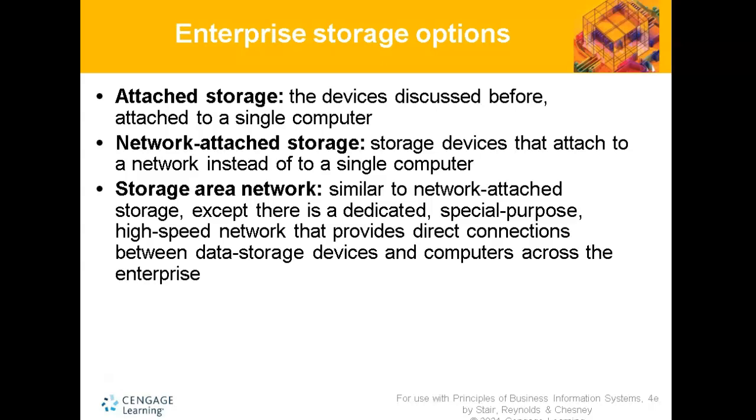You have attached storage, which I discussed, which is USBs. You have network storage, which is a different thing. Network storage is like your OneDrive. You upload it to a website and it keeps it for you. It stores it on that website. One way you can think about it is like WhatsApp. If you've got two phones, on one WhatsApp you can store all your chats and back them up to WhatsApp, the actual WhatsApp.